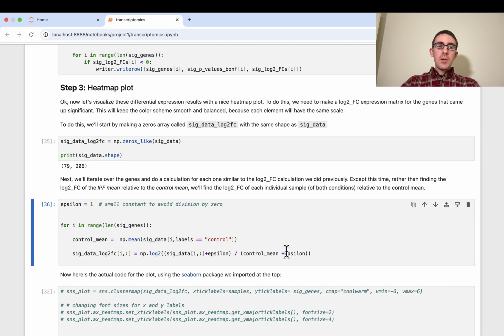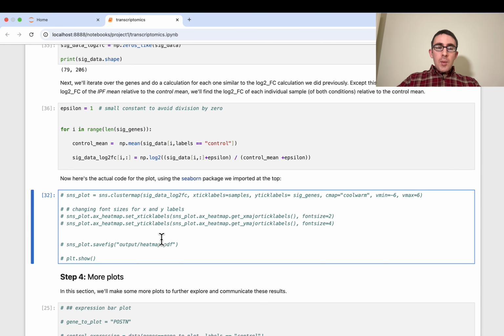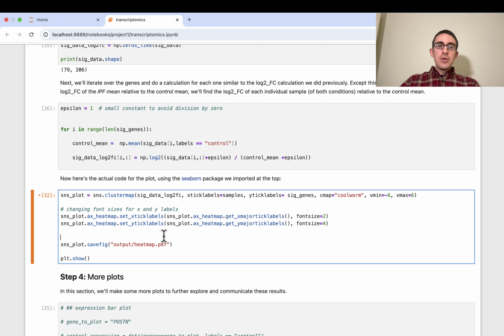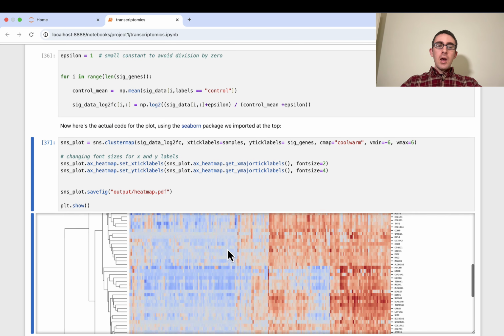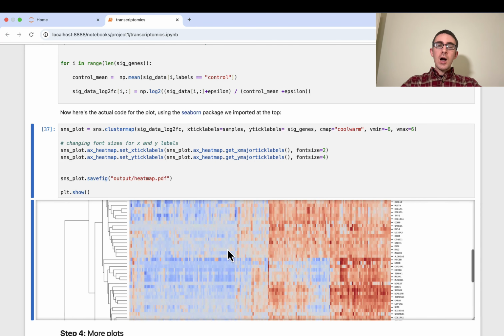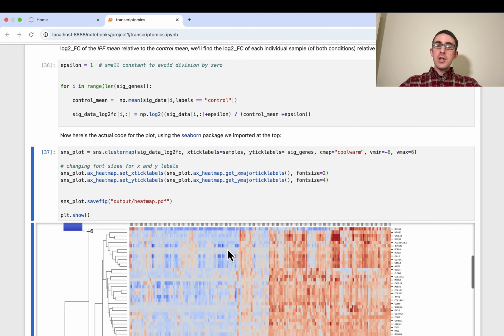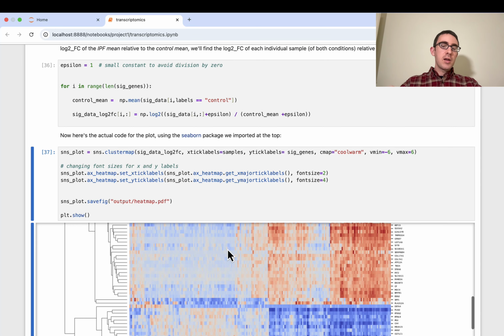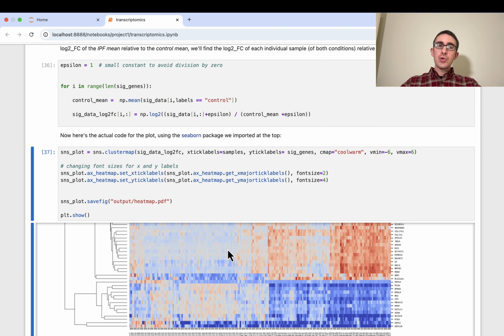And that's basically all it takes. Then we can use the Seaborn library to make a nice heat map for us. We can both save it as a PDF as well as display it in this notebook. That's basically all it takes to make this heat map. Pretty easy, right? Again, it's a good way to visualize these results.